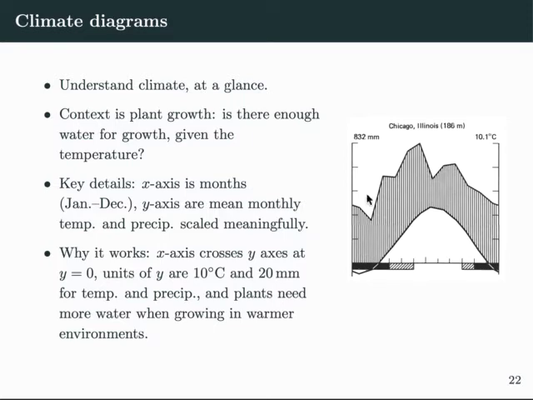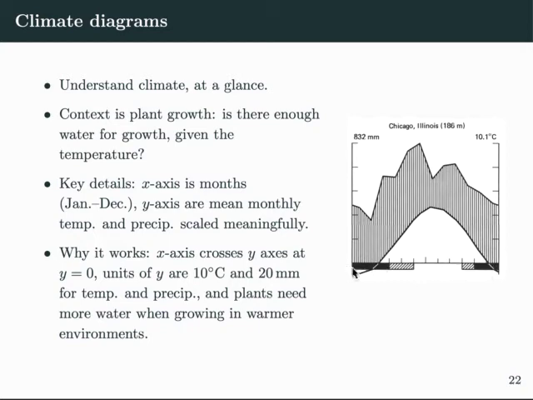So as long as the precipitation line is well above the temperature line, that's telling me as a plant ecologist, okay, I get this environment. Water is rarely going to be a limiting factor for vegetation. Hope that's clear. It's also described in the book.